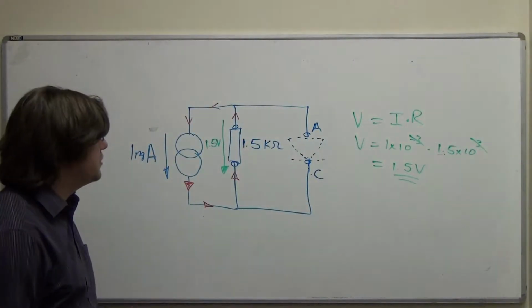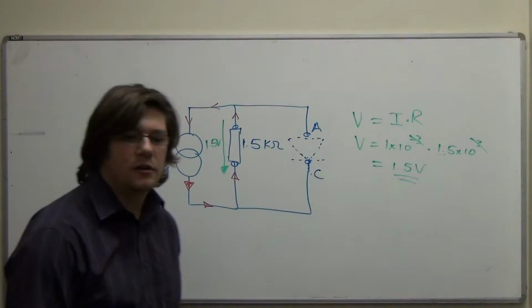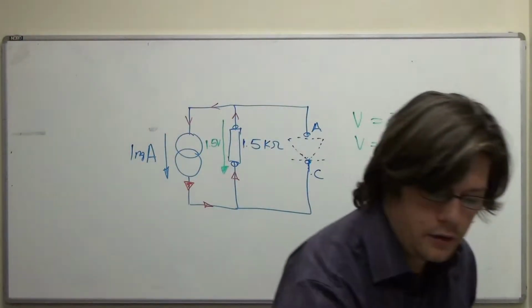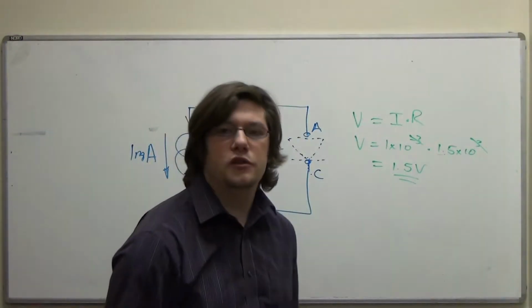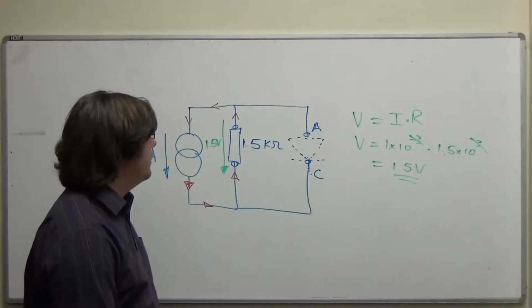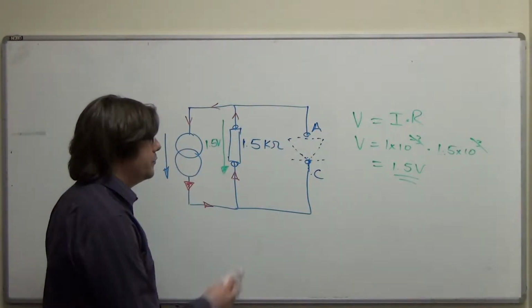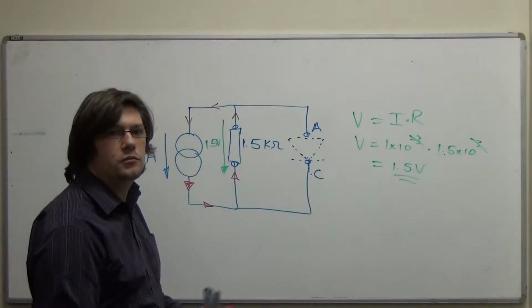So the answer to this question is our assumption about the diode being non-conducting or switched off was correct, and this is where we stop. We've got our answer, 1.5 volts reverse biased.